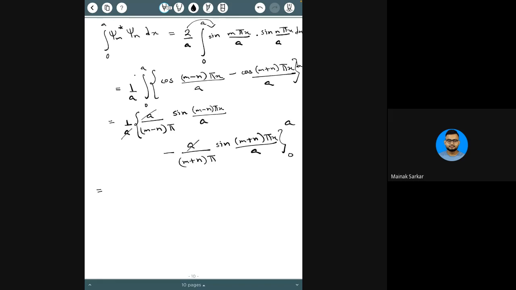So if I put x equal to A, basically the denominators cancel.